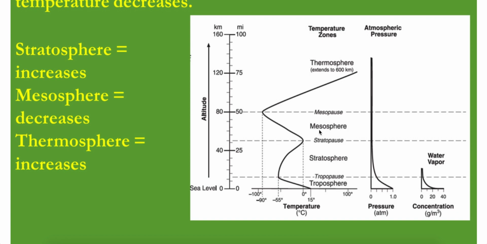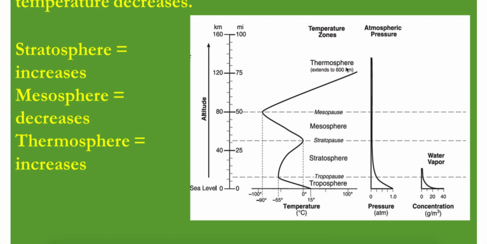And then we don't have that absorption, so we have a decrease of temperature going from the top of the stratosphere, the stratopause, to the mesopause, the upper portion of the mesosphere. It goes from 0 degrees to negative 90 degrees Celsius. From there, we probably have some sort of absorption of EM energy, which gives us an increase in the thermosphere, and this extends to 600 kilometers.